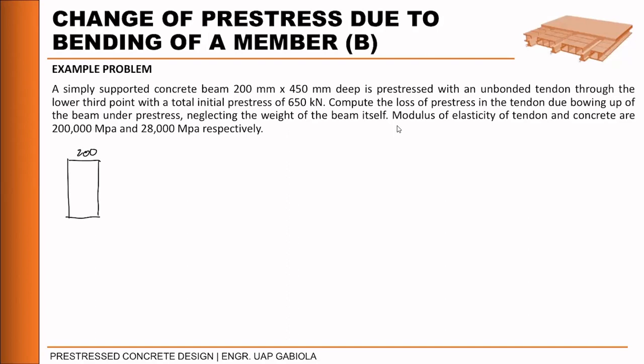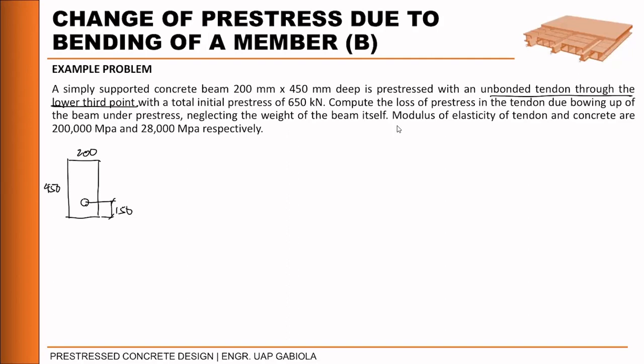So 200 by 450 mm. Okay? And then it has an unbonded tendon at the lower third point. So divide 450 by 3. Okay, so this is 150. Okay?